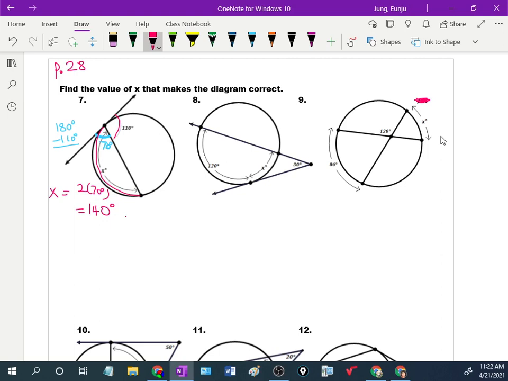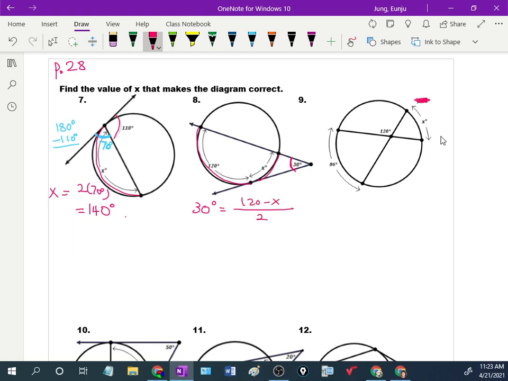Number 8, we have one secant and one tangent. Formula says this angle can be found by subtracting this measure and this measure, and then divide by 2. So let's set it up. 30 degrees can be obtained by doing subtractions and then divide by 2.